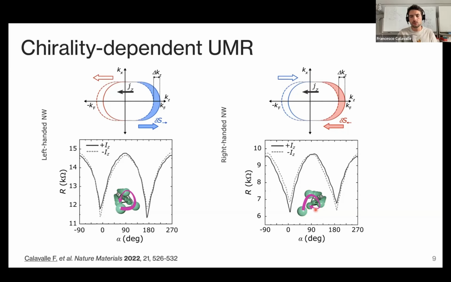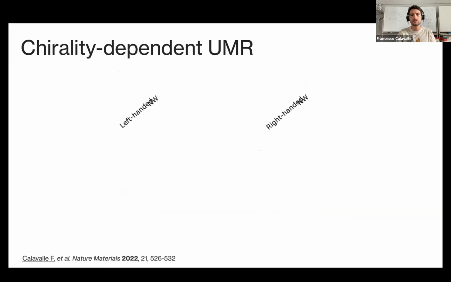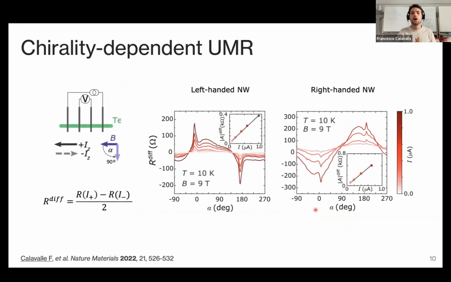So if we have a look at a more visual representation of this signal, if we take the half difference of resistance obtained with positive and negative current, we obtain basically the equivalent of a second harmonic measurement. And here we can see this sine-like curve, which has a funny shape because of the non-trivial configuration of the spin texture in the 3D space of tellurium, we have nonetheless a reversal of this sine-like shape and also a linear behavior with the current applied.